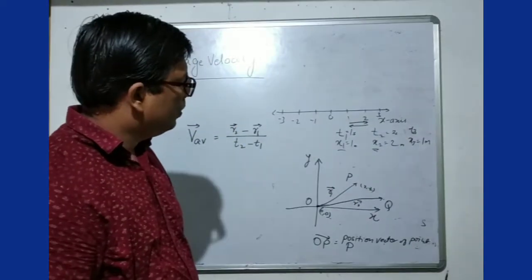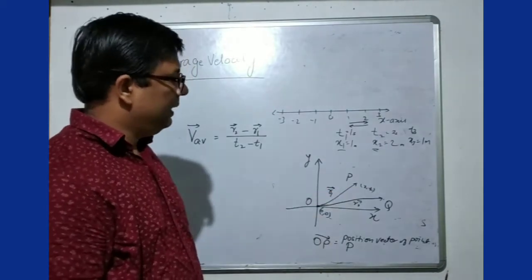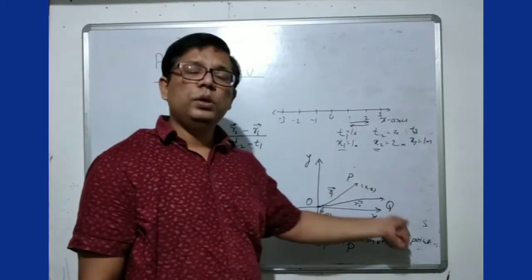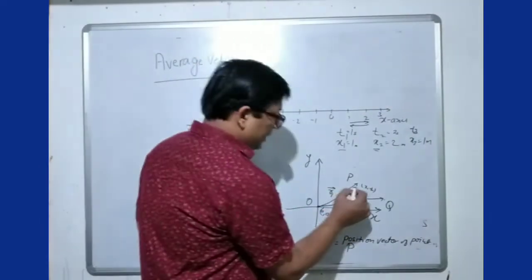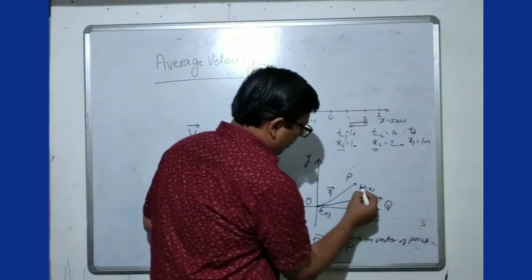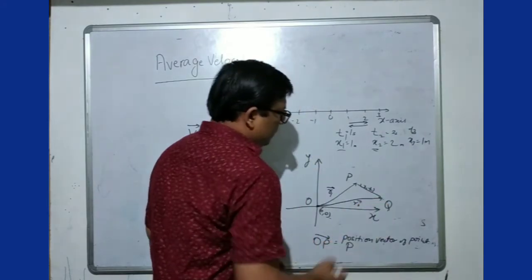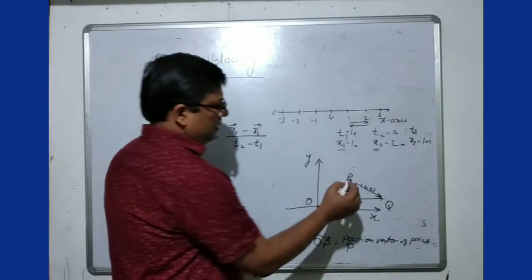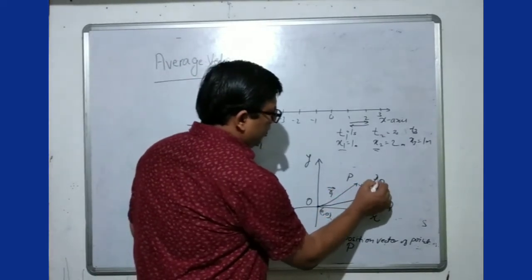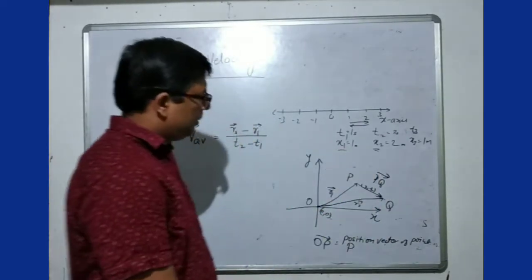Now, what is the displacement between point P and Q? Displacement is a straight line drawn between these two points. So this PQ will be the displacement.